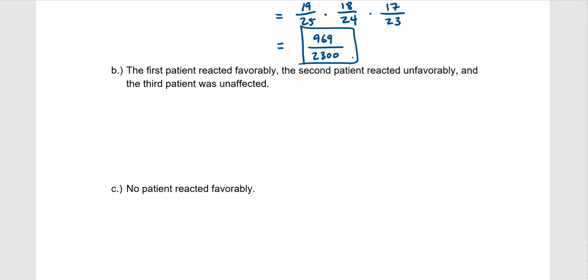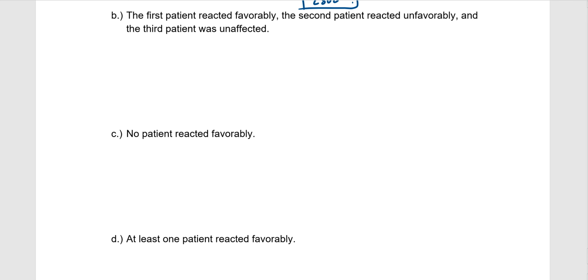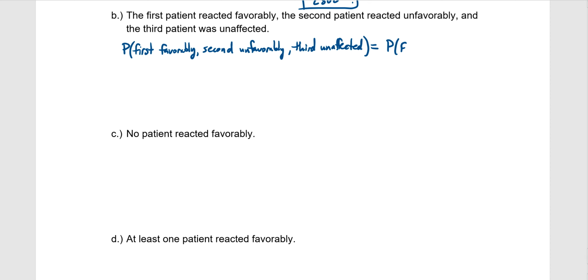Okay, let's see this next one. We want the probability that the first patient reacts favorably, the second one reacts unfavorably, and the third patient is unaffected. So that's going to be the probability of F, that they reacted favorably, times the probability of U, that they reacted unfavorably, times the probability of A, that they were unaffected.